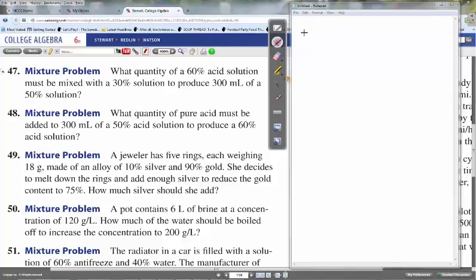So I will have a 60% solution, a 30% solution, and my final should be a 50% solution.